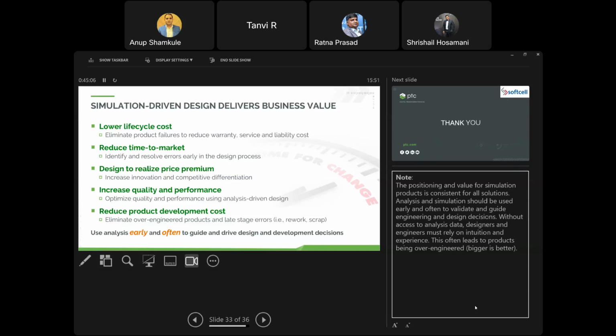Here we just briefly discussed, since the solutions are many, what exactly these solutions will do.